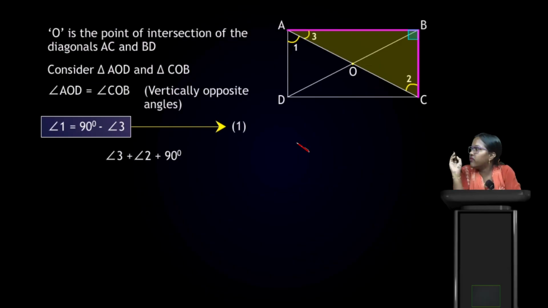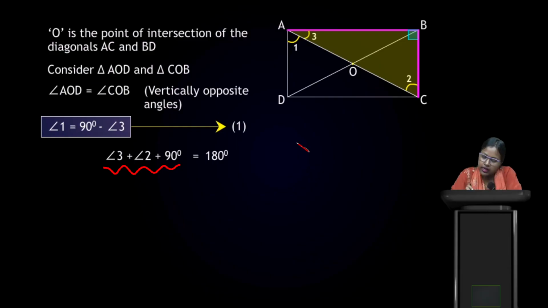Can you tell what would be the value of these three angles? Yes, very good. The angle sum will be 180 degree. Why? Because these three angles represent the sum of all angles of a triangle. And what we know, the sum of all angles of a triangle is always 180 degree.